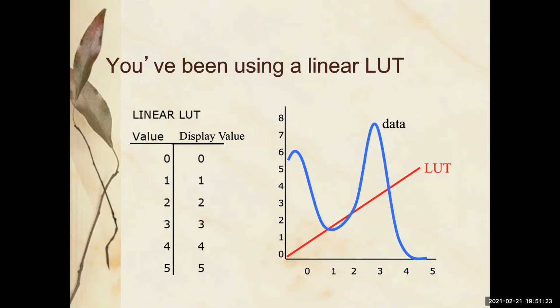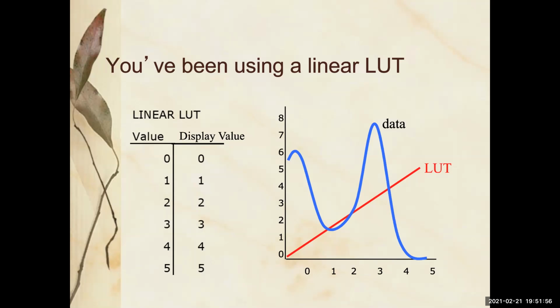So for your data, on the X axis, it's gray levels. On the Y axis, it's pixels, the number of pixels that have that gray level. For your lookup table, and this is what I've drawn because we're interested in the lookup table right now, it's the gray level on the X axis, and on the Y axis, it's still the gray level.